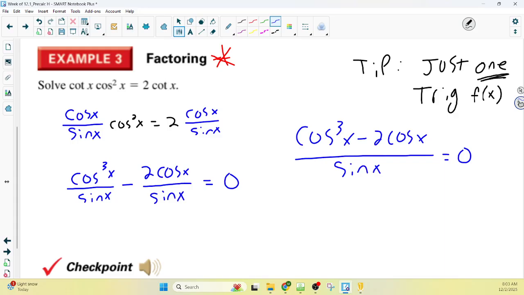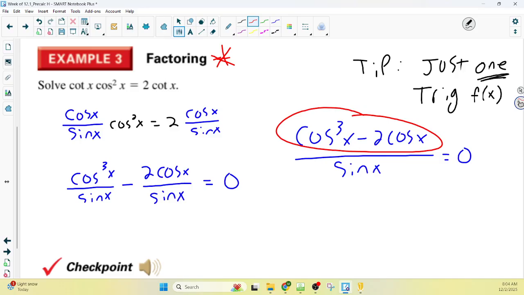When the bottom is 0? When they're both the same? What makes a fraction 0? Yes. When the top is 0. So all we need to do is set this to 0. If the top is 0, the whole thing is 0. Promise. If the top is 0, the whole thing's 0. 0 over anything, doesn't matter, right?